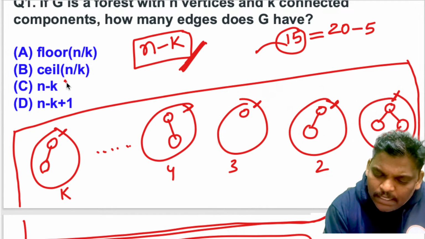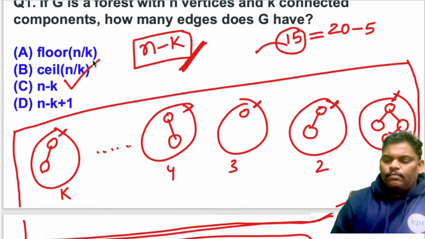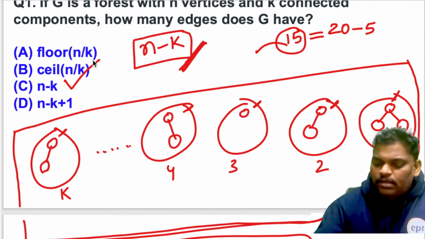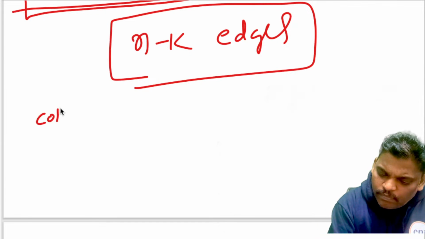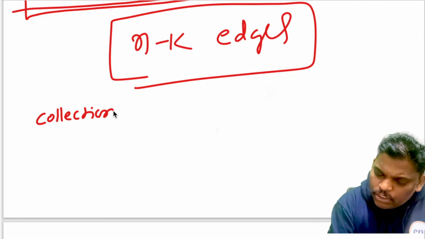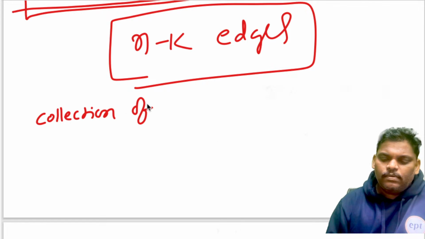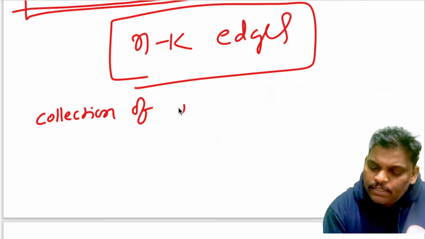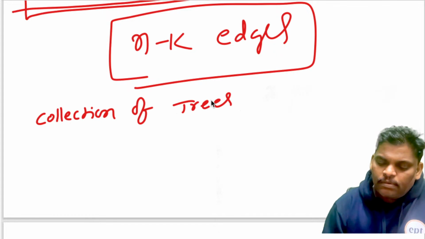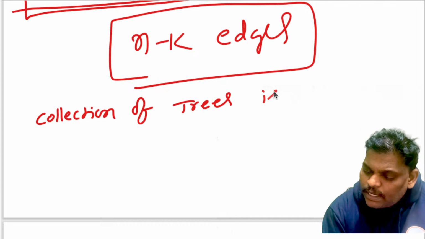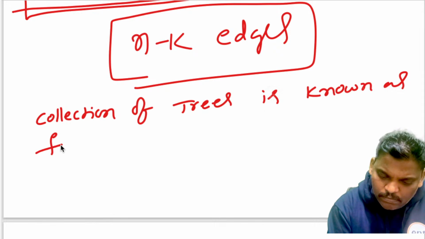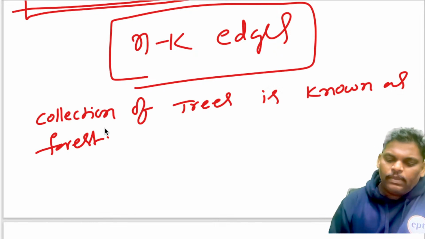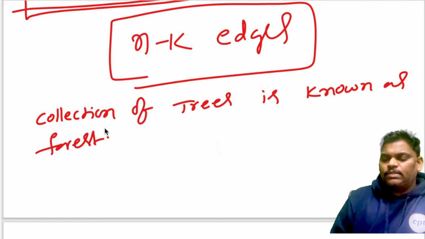The answer is, I think, n minus k. You have to understand only one thing, right? See this one: a collection of trees is known as a forest.